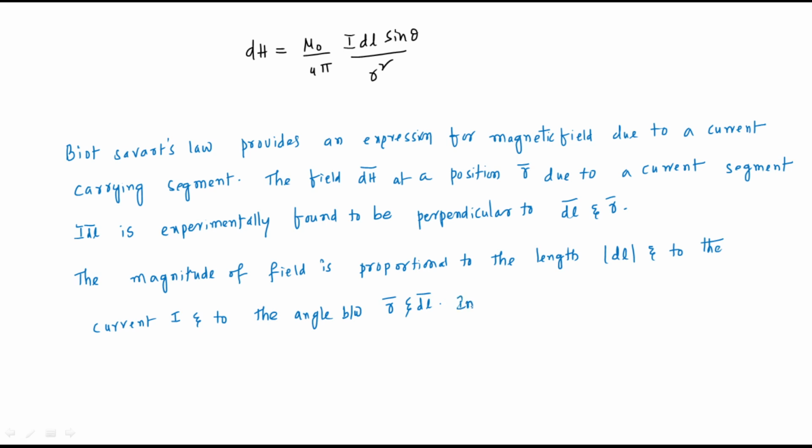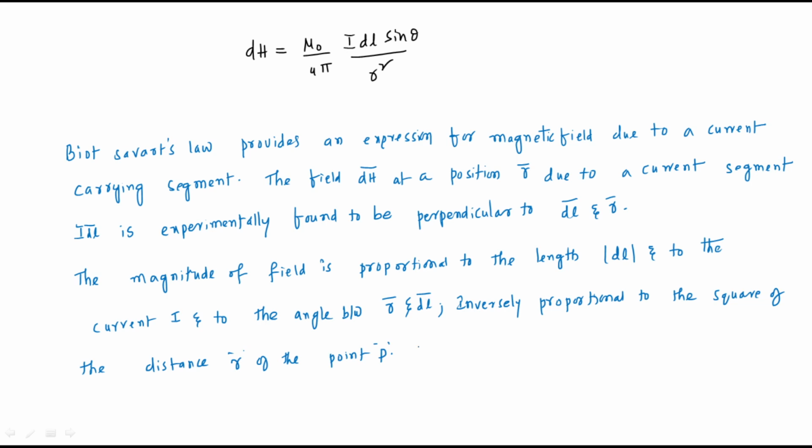It is inversely proportional to the square of the distance r of the point P. This is the statement for Biot-Savart's law.